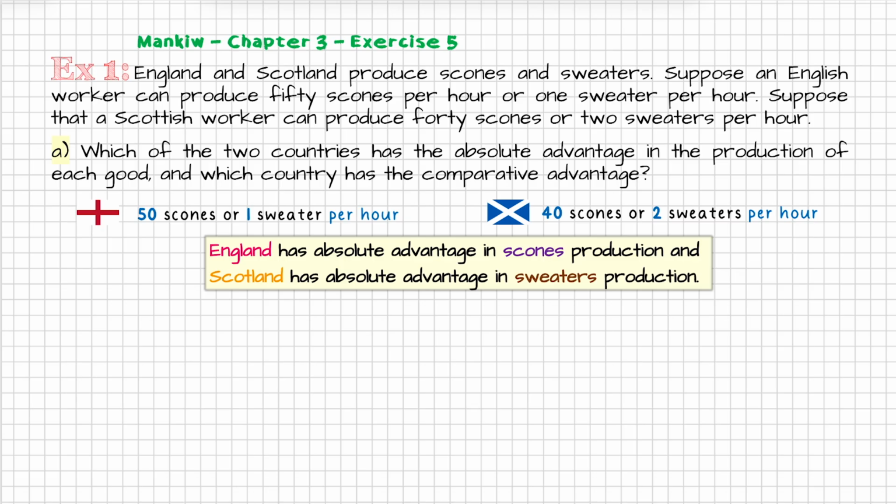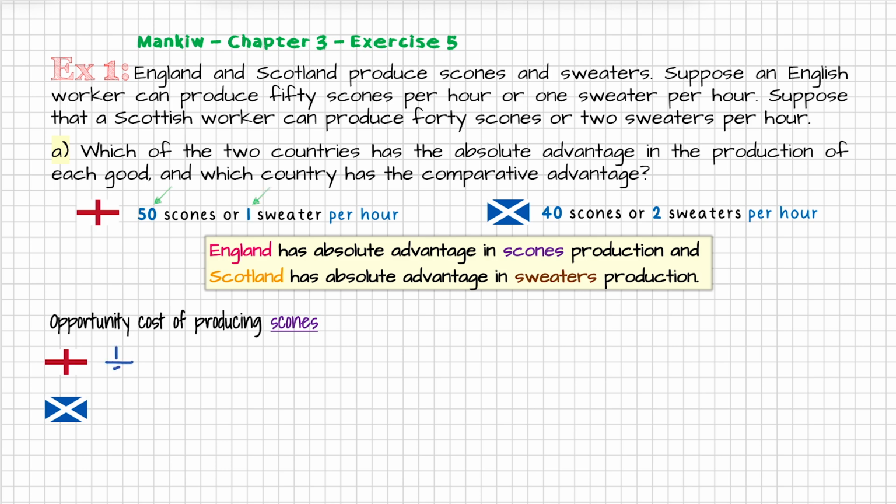Now let's analyze the comparative advantage. In order to do that, we need the opportunity cost of producing scones and the opportunity cost of producing sweaters in each country. Let's look at England first. England's opportunity cost of producing scones is, to produce 50 scones, you have to give up 1 sweater.